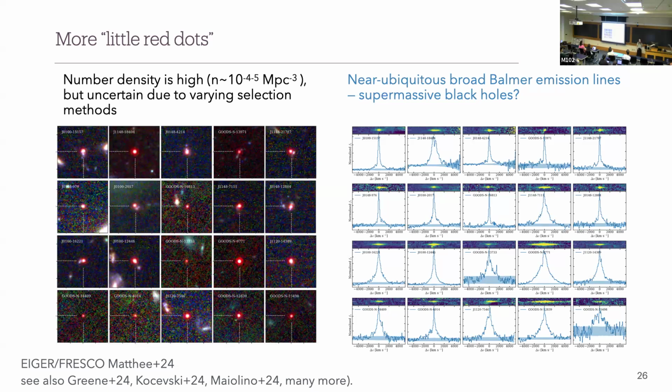In the standard considerations, those broad lines are almost exclusively associated with a supermassive black hole, because you are basically seeing gas spinning at a really fast speed around the black hole, and that's what gives you those huge velocity dispersions. All right, so are they just black holes? That will certainly solve a problem that we are seeing with overly massive galaxies in the early universe. What we really need is a full spectrum of those little red dots to understand their nature.